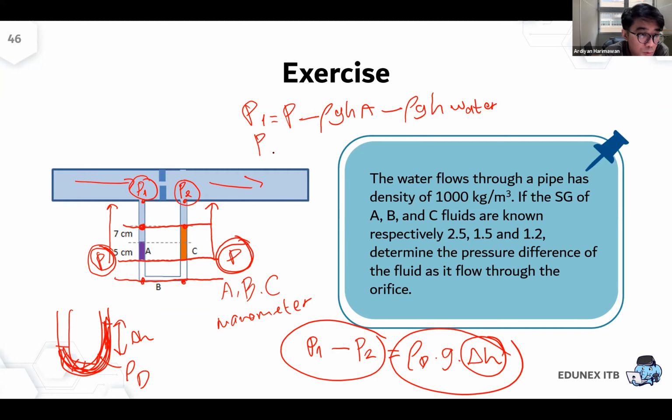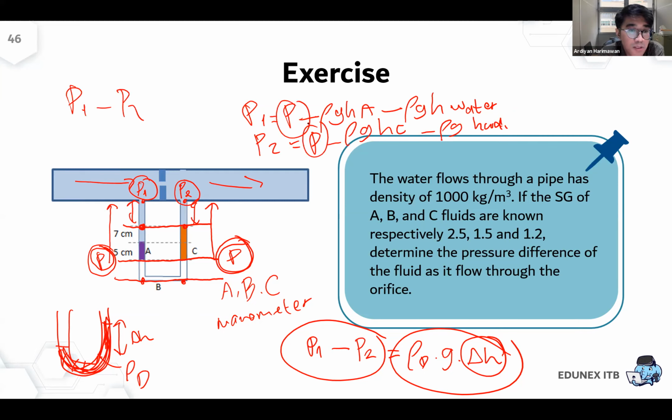P2 will be P minus rho g hC minus rho g h water at the right. Then you calculate P1 minus P2. Then later this can be cancelled out. This can be cancelled out. Ya kan? Nanti kalau dikurang-kurangi itu bisa hilang. So you just get this one. Okay, try by yourself at home.